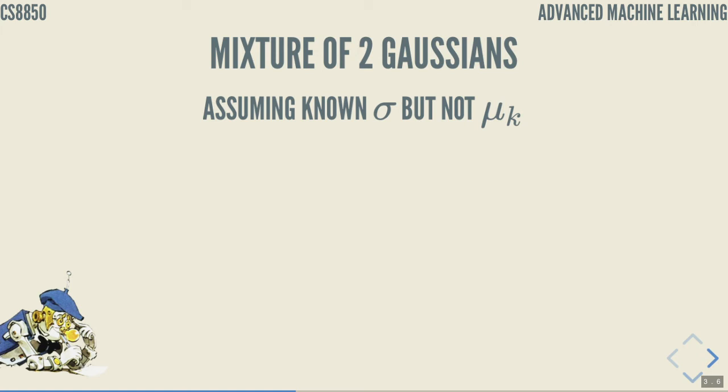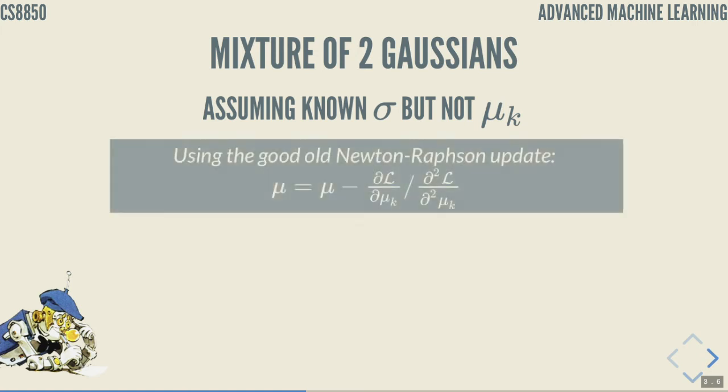What will happen next? Well, you will use the good old Newton-Raphson update that we've used to solve logistic regression already in this class, which is an updated mu equals the old mu minus the ratio of the first and second derivatives.